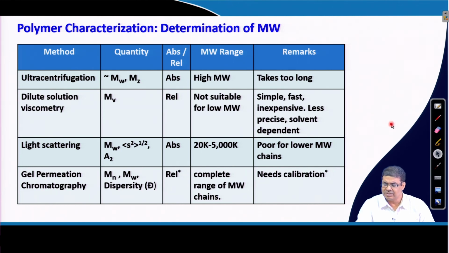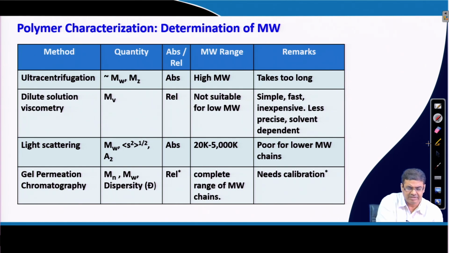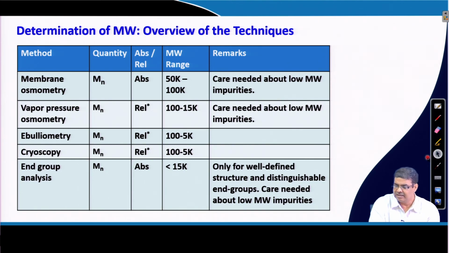Now, for this course I will only discuss the techniques which are of practical utility as of now. Nowadays, although these techniques are all available, generally we do not use these techniques for measuring polymer molecular weight. The techniques which are used very frequently are end group analysis.